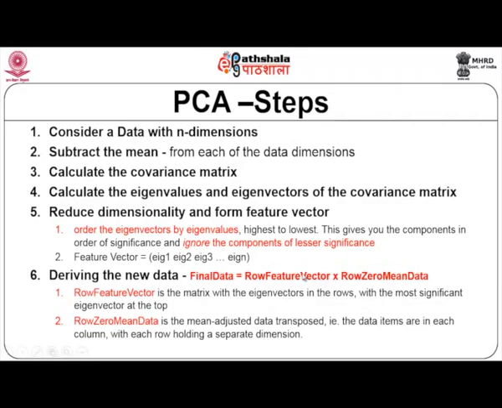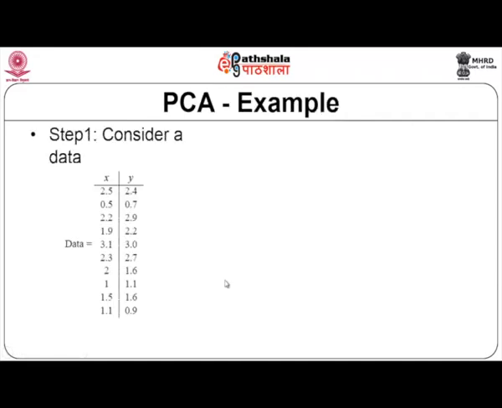If you compute the product between the row feature vector and the row zero mean data, you will get the new data. If this new data is plotted with respect to the selected dimensions, you may end up with a completely different visualization of your original data, and this visualization will help you in understanding the data in depth.